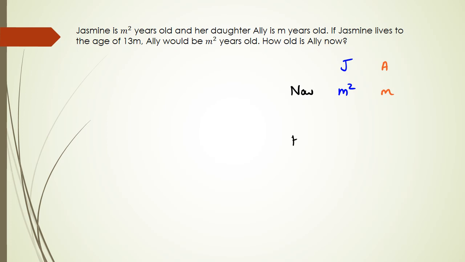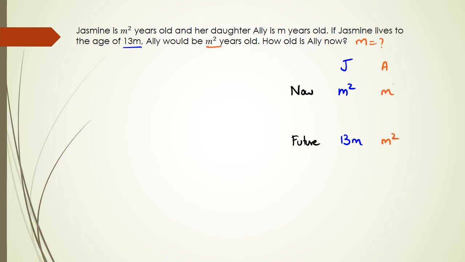Obviously we've got the future happening. We don't know when the future is, but it says if Jasmine lives to be 13m, so in the future Jasmine is going to be 13m, Ali would be m squared years old. And the question is asking how old is Ali right now, so we're looking for what m is. So this is what we have.